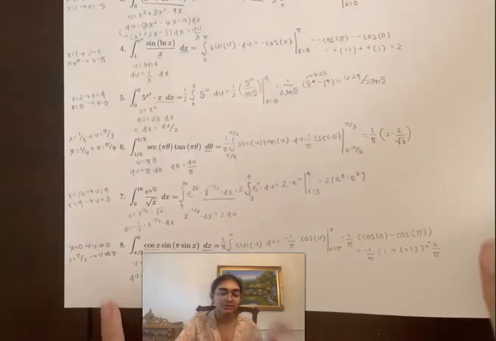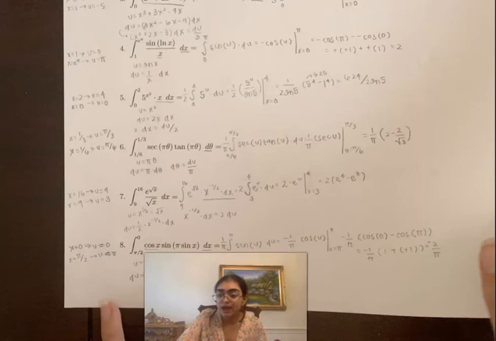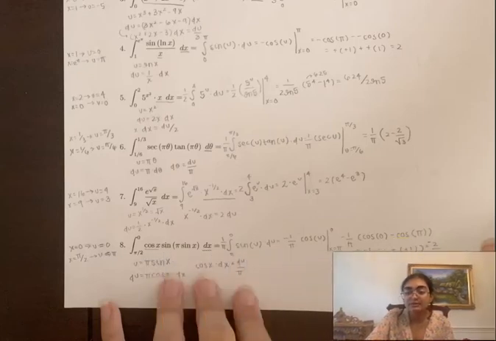So just some things to remember from this page. I think the main thing that we got out of this is that when we're trying to find our u in more complicated problems like number 8, number 4, number 5, we have to look at the rest of the problem and see if one part of the problem's derivative is also in the problem.